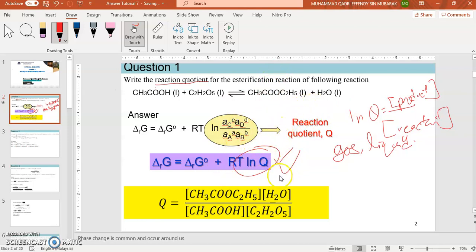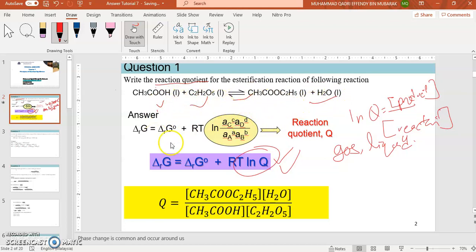So what we need to do is look at our chemical equation, and we need to balance it. Here this chemical equation is already balanced.